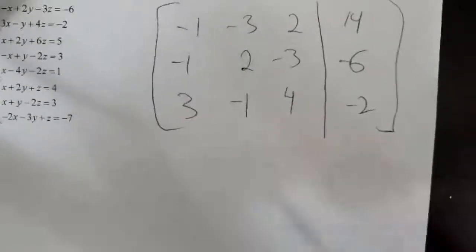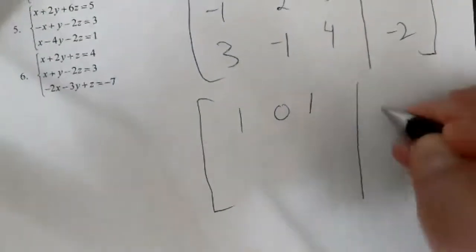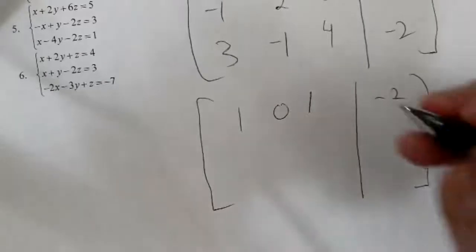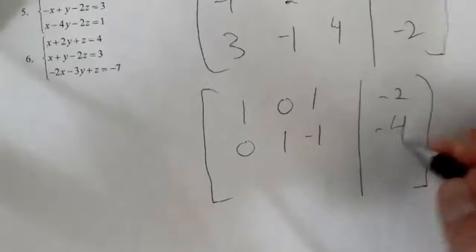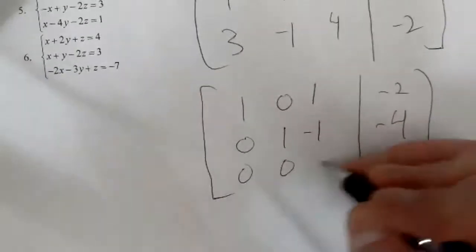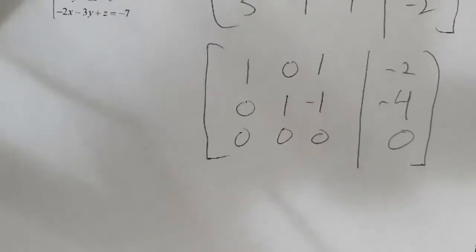So if we plug this into our calculator, we should be getting back out 1, 0, 1, -2, 0, 1, -1, -4, and 0, 0, 0, 0. Now we're looking at this thing. I plugged this into my calculator. I did row reduced echelon form, and it spit me out this thing.